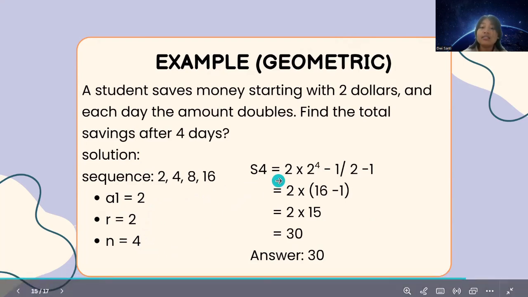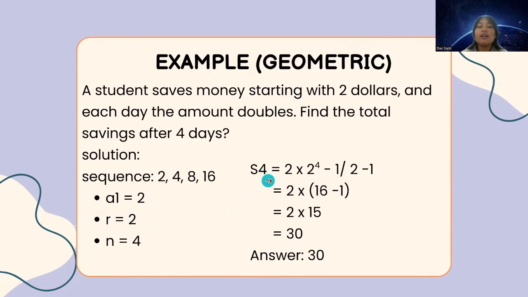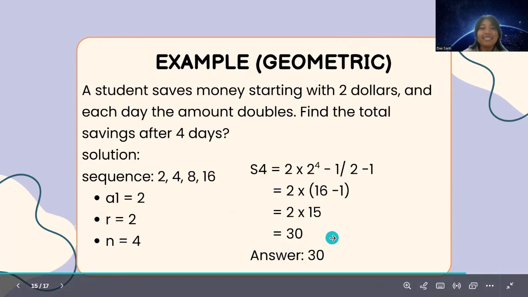Substitution into the formula: S4 equals 2 multiplied by (2 to the power of 4 minus 1) divided by (2 minus 1), equals 2 multiplied by (16 minus 1), equals 2 multiplied by 15, and the answer is 30.